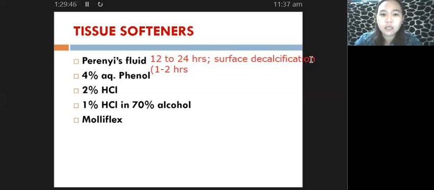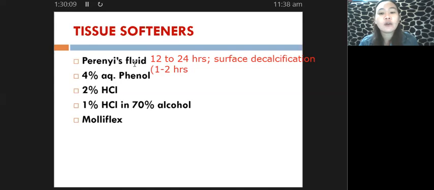How many reagents can we use for surface decalcification? We have 3: 10% hydrochloric acid, 1% hydrochloric acid in 70% alcohol, and Perenyi's fluid.